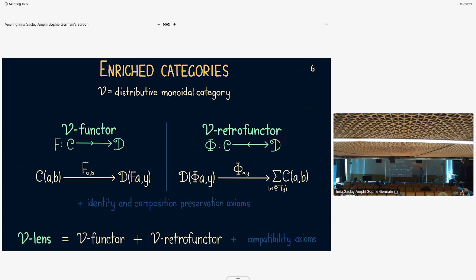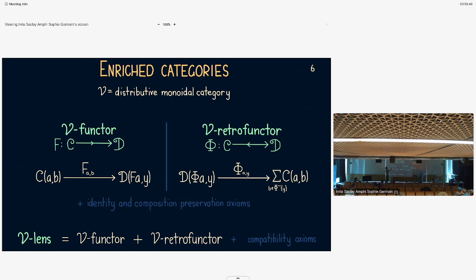So normally you can do categories enriched in a monoidal category, but in order to define these retrofunctors, we need to ask that it's a distributive monoidal category. So in other words, our monoidal category should have coproducts, and the tensor product should distribute over the coproducts. And so in this particular setting, well, obviously we can define enriched functors in the usual way.